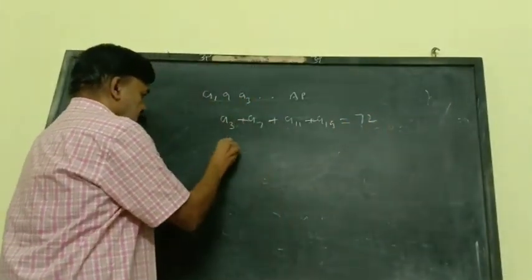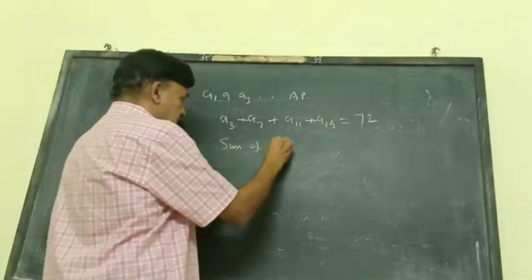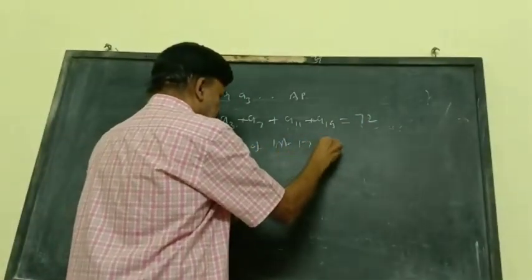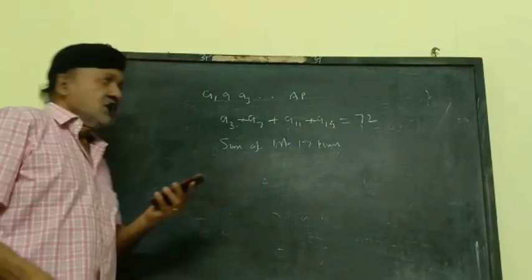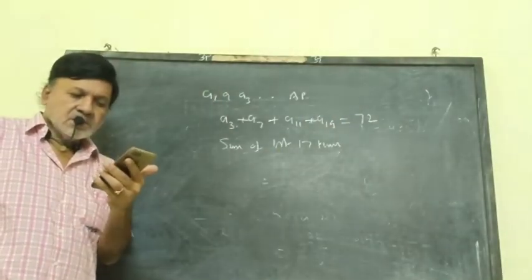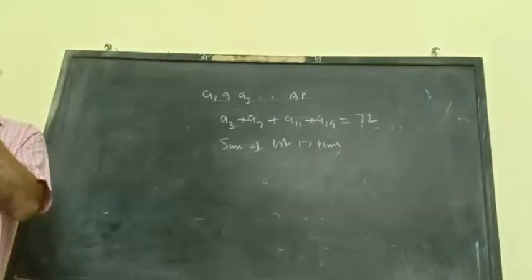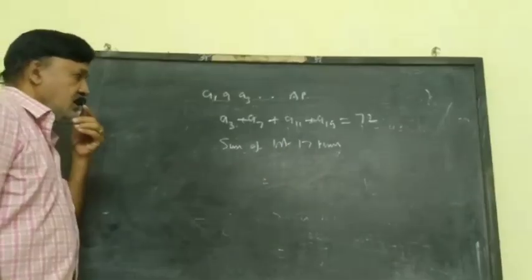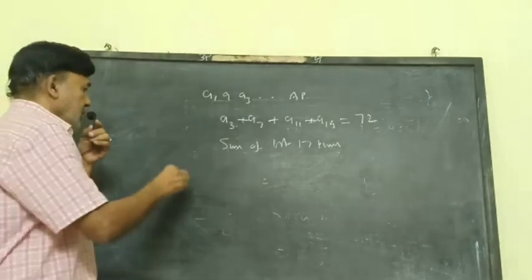Then find sum of first 17 terms of the series.